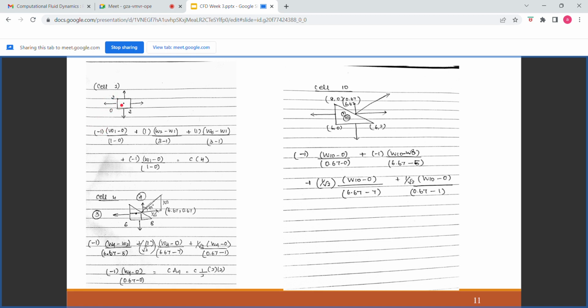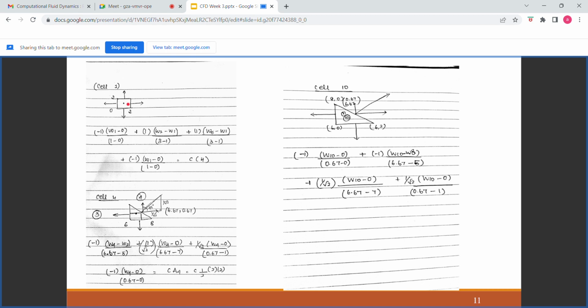This is cell 1. Left of this cell we do not have any cells. So it is w1 dou w by dou x, right? So it is w1 minus 0, and in a similar manner 1 minus 0. Since there are no cells, we are using the boundary points, 1 minus 0. And for the right, this is cell 1 and this is cell 2, so we are using the midpoints.